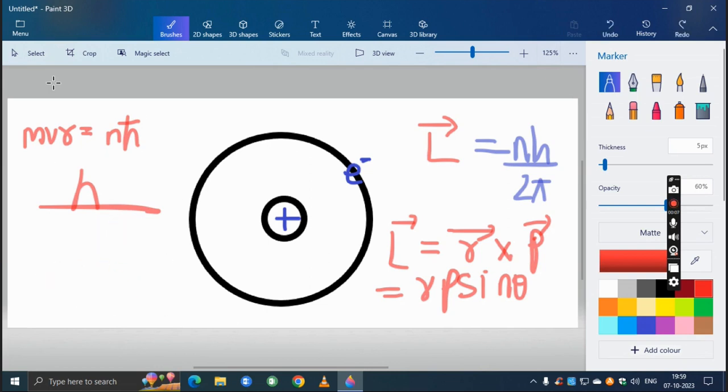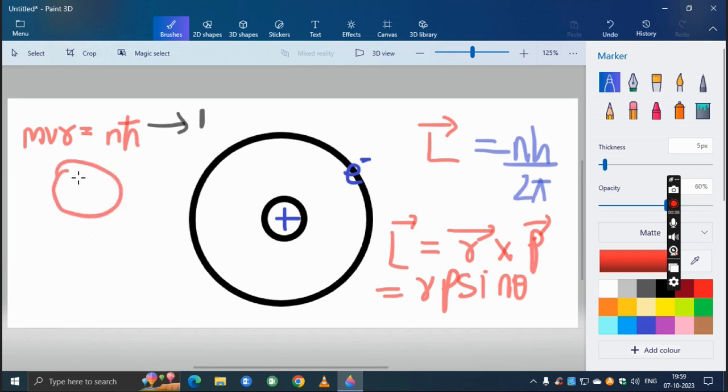We're going to use h bar in a lot of videos instead of h by 2 pi. So mvr equals nh bar. Let's call this equation 1. What is equation 2 going to be? We need something else to eliminate v so that we can find r in terms of n and some other constants.